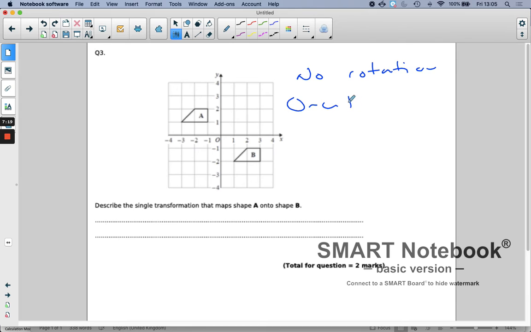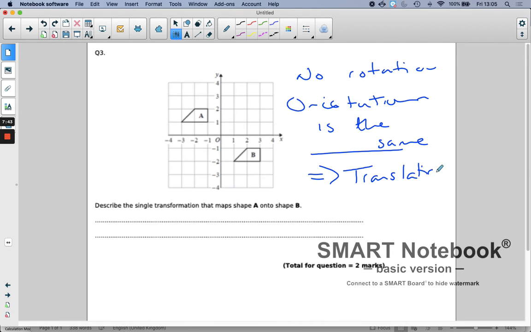By orientation, I mean that this point is still in the same position relative to the rest of the shape. If the orientation is the same, that tells us it's a translation, and those are the ones that have a vector that's translated it.